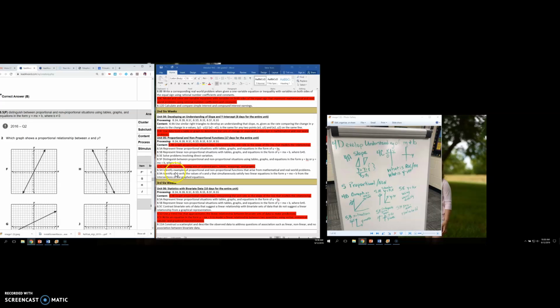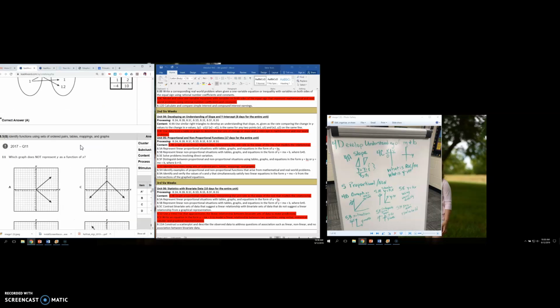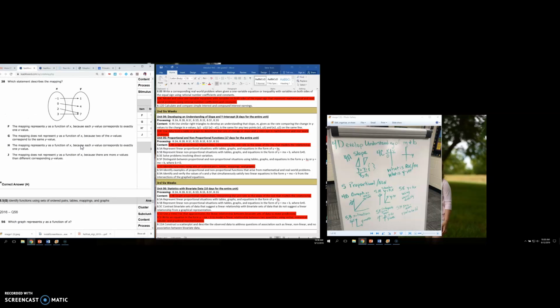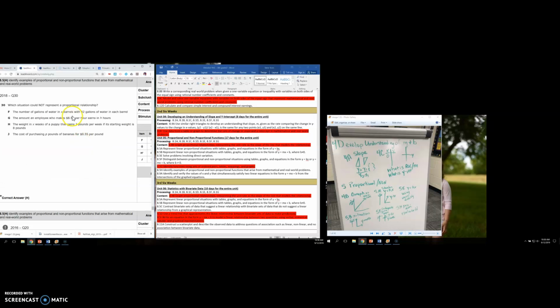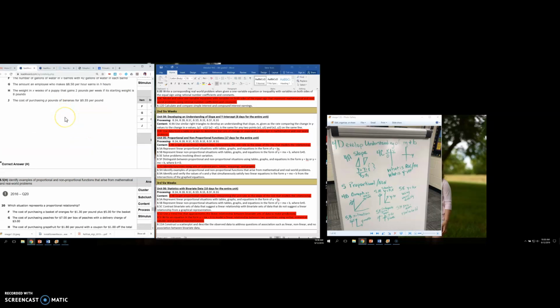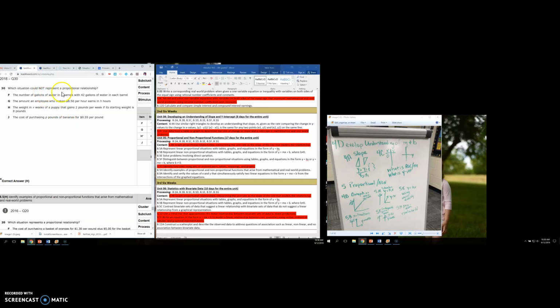When we're still sticking to the proportional, non-proportional, we're looking at what those look like. We're going to look at 5H. 5H is going to be looking at the situations and identifying whether one is proportional or non-proportional.